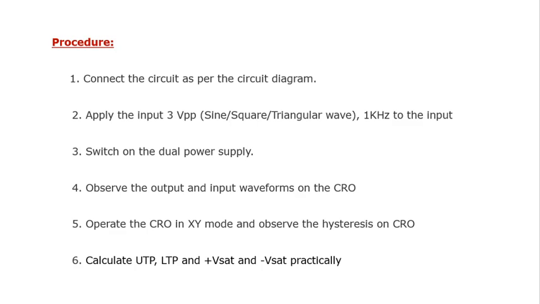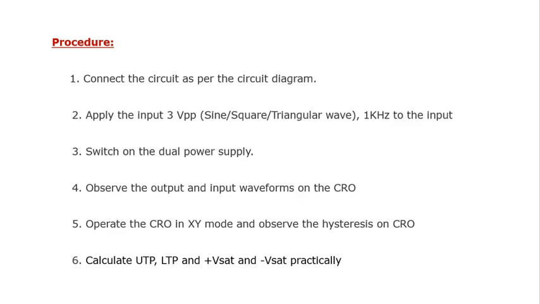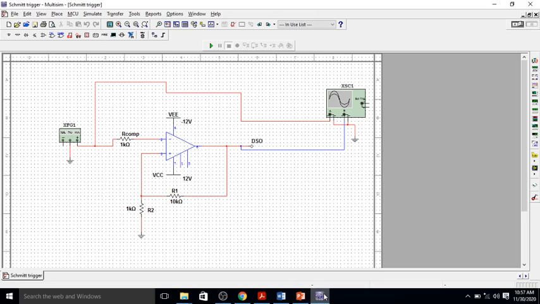We will build the circuit in the Multisim software. We will apply the input voltage 3 volt peak to peak. Then we will simulate the circuit and we will observe the output waveform, and we will calculate the value practically. So the circuit is built.